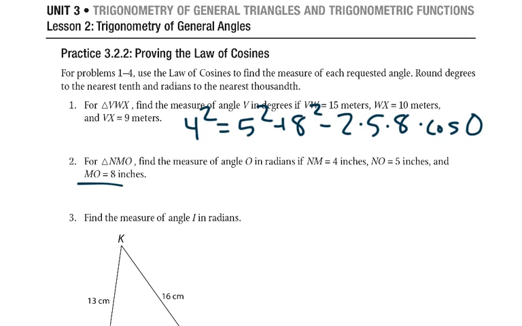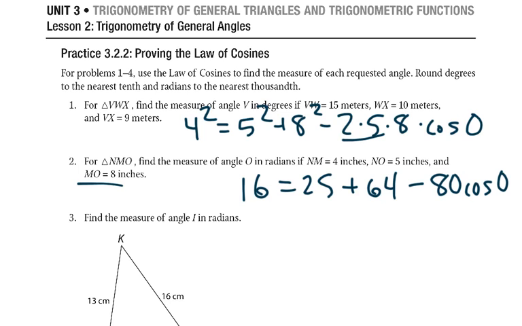We're doing the same exact stuff. So we get 16 equals 25 plus 64 minus 80 cosine of O. 25 and 64 give us 89.